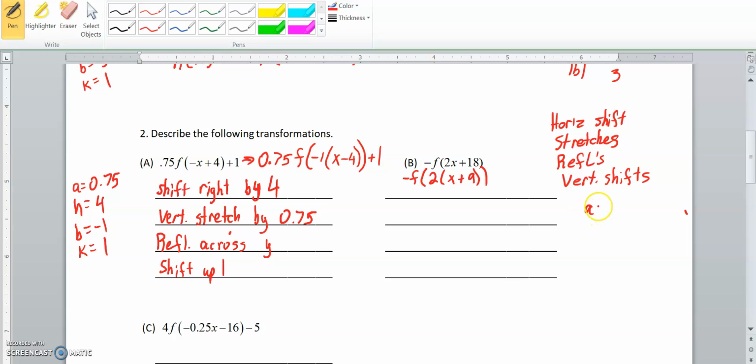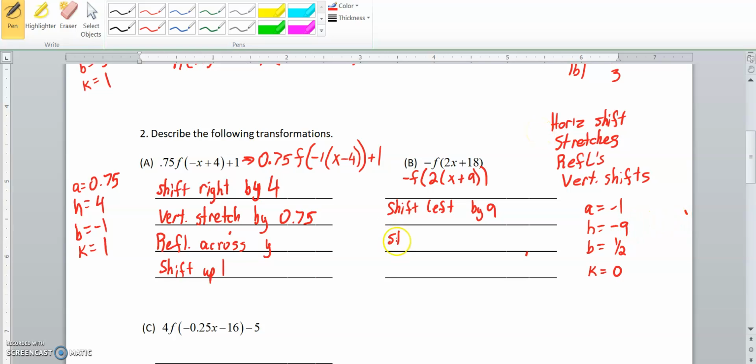So a is -1, h is -9, b is 1/2, because remember it's kind of the reciprocal, and k is 0. So we have a shift left by 9. We have our shifts taken care of.